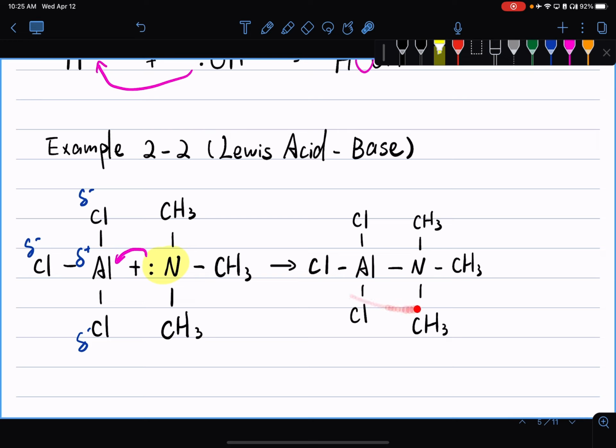And what we're forming here, I want to pause a little bit and ask you to do a quick practice. Can you assign the formal charge of aluminum and nitrogen in this species? Let's quickly do it. Aluminum naturally has 3 electrons around it. Now it has 4 chemical bonds. If you use the equation we have, we'll see the aluminum has a negative charge on it. Nitrogen, on the other hand, normally has 5 valence electrons. Now it's forming 4 chemical bonds.